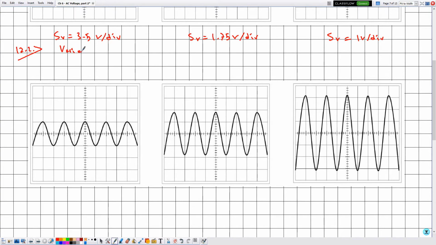Variation of the AC voltage with respect to the vertical sensitivity SV.